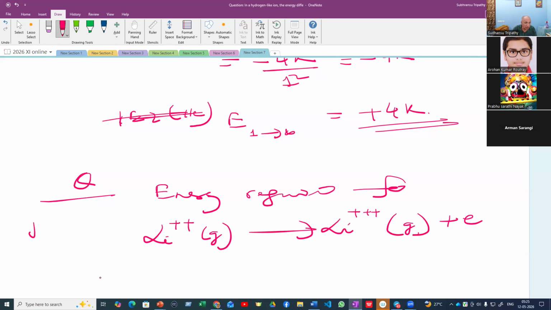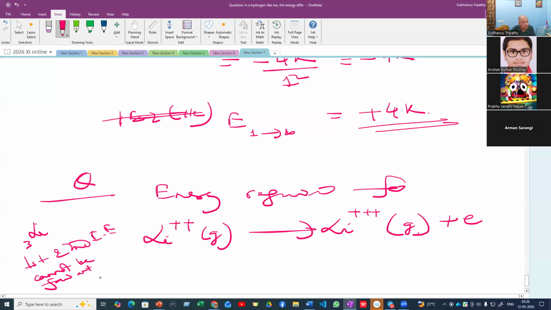That is, lithium has 3 electrons. So the first and second ionization energy cannot be found out by Bohr's theory. That I will provide you. First IE and second IE cannot be found out. I'm not asking you that question. I'm asking, the electrons are already removed. We have converted lithium atom into one electron species Li double plus. Now you will be applying Bohr's theory.